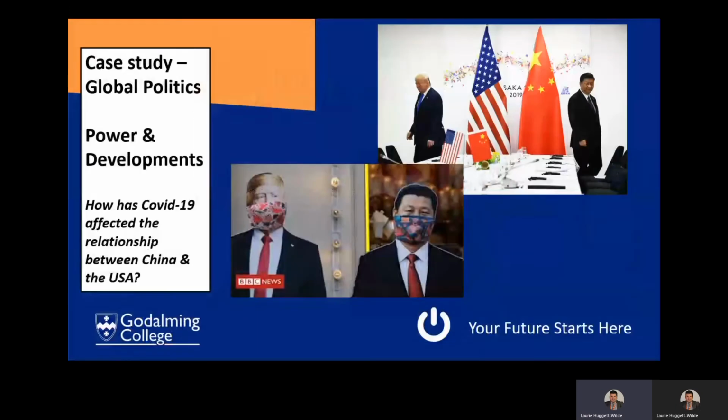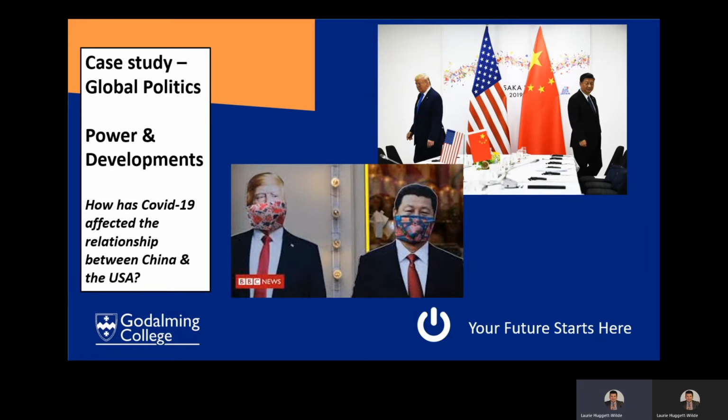When it comes to global politics, coronavirus is very relevant there as well. One of the big things you look at is this transition of power between China and America. China is rapidly gaining on America as the world's biggest superpower. Has coronavirus given China the opportunity to replace America as the world leader when it comes to international relations? America, for recent history, has been the most dominant actor in international relations and has been the one leading the way.